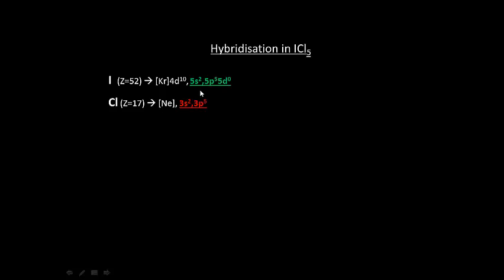The outermost electronic configuration of iodine is 5s2, 5p5, 5d0, whereas the outermost electronic configuration of chlorine is 3s2, 3p5.